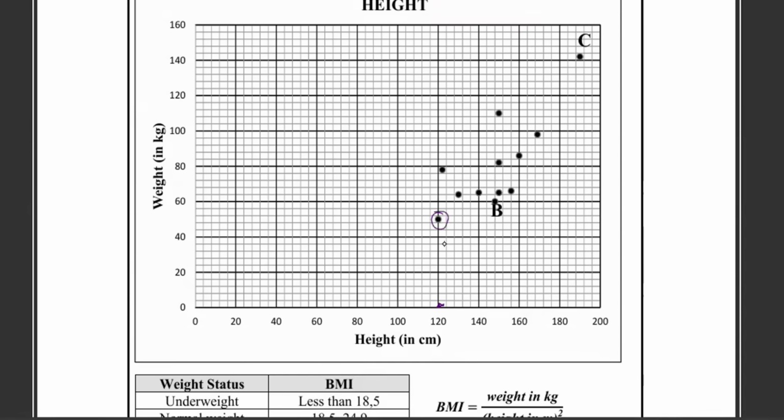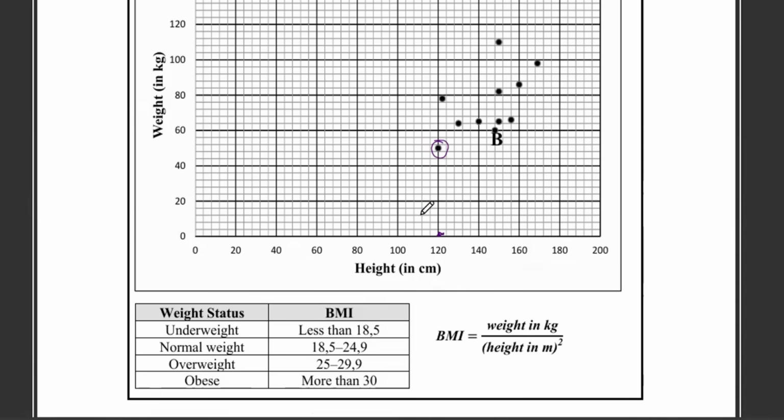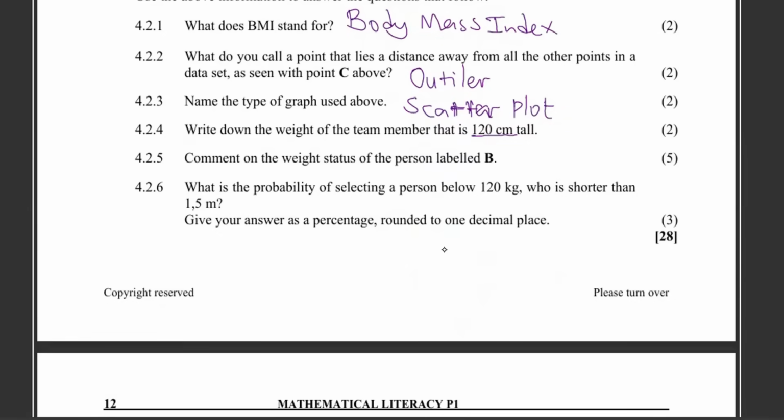So the weight could be between 40 and 60, could be 50. Because it's in between really. 120 height, and they're asking for the weight. So that is it. We are saying it's 50. Okay.